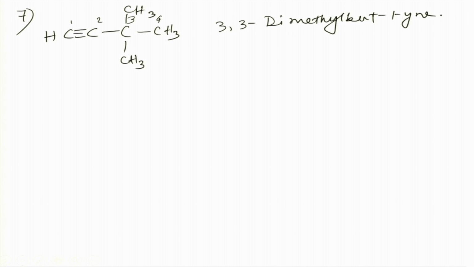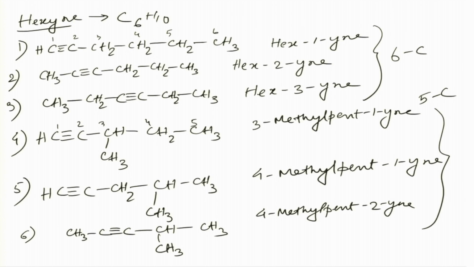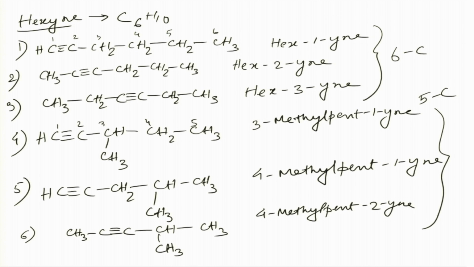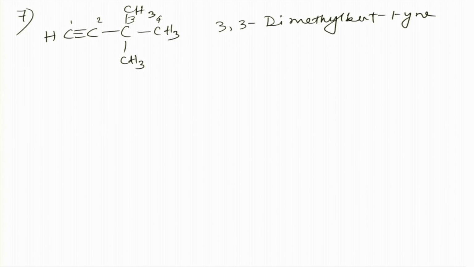So, these were the 7 structural isomers of hexyne. Number 7 is the chain isomer to all of the previous isomers. So, we have completed the structure and isomerism of alkynes. Next, we will discuss the preparation of alkynes.